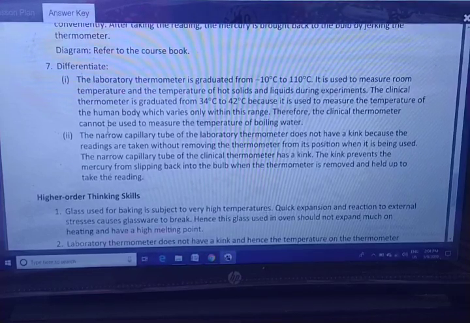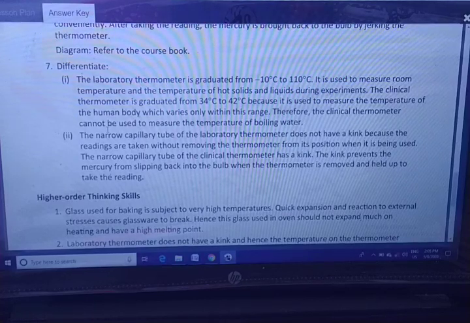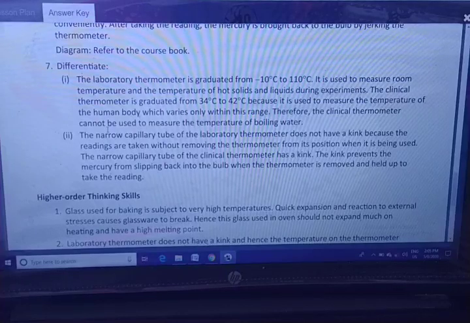Now the second one. The narrow capillary tube of the laboratory thermometer does not have a kink because the readings are taken without removing the thermometer from its position when it is being used. The narrow capillary tube of the clinical thermometer has a kink because the kink prevents the mercury from slipping back into the bulb when the thermometer is removed and held up to take the reading.